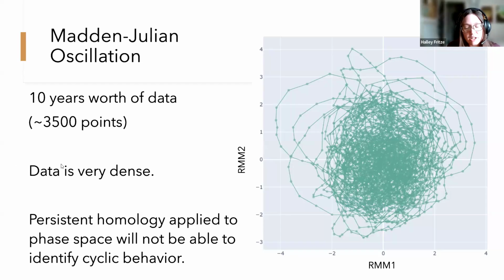RMM1 and RMM2 are the axes here. These are computations based on the construction that the climate scientists have used to put it in this two-dimensional phase space. There's some combination of feature parameters like barometric pressure, wind velocity, all of the weather data that they collect. So they do a pre-process on all the data to throw it on these axes.